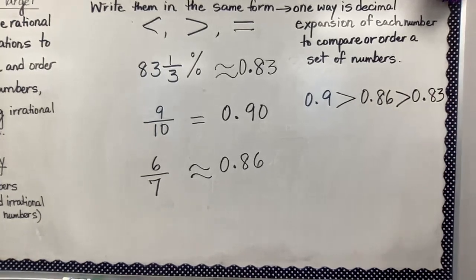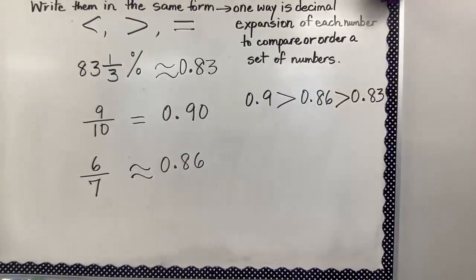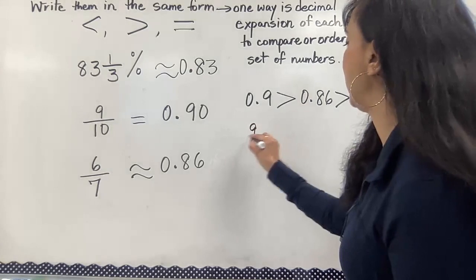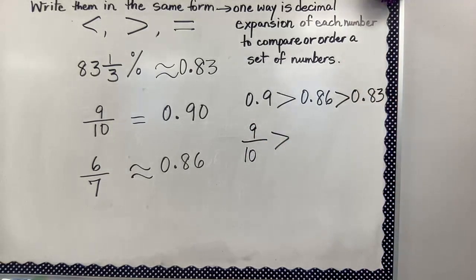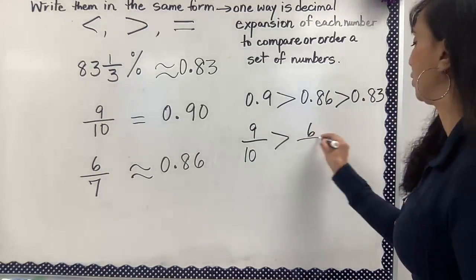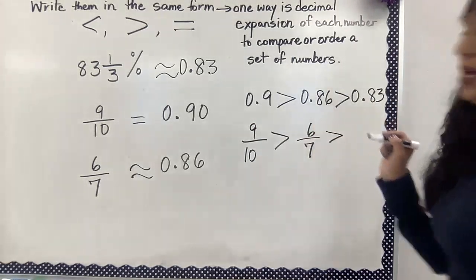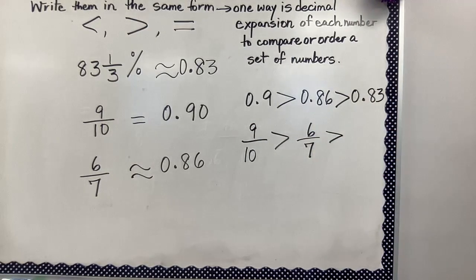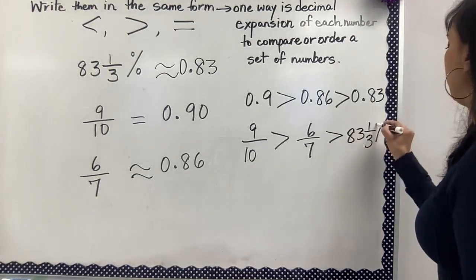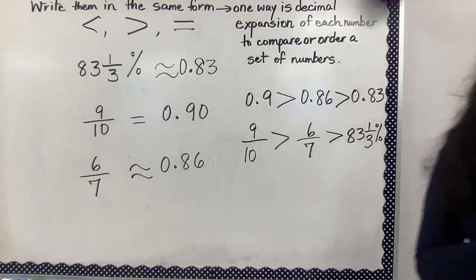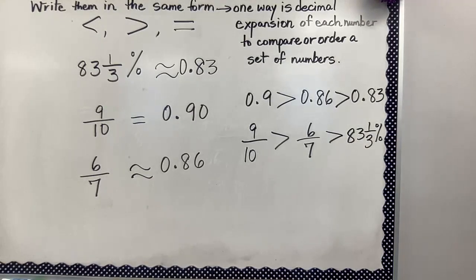Once I have this set up, all I'm doing now is substituting the values. What was 9/10? It is 9/10. What was 0.86? It was 6/7. So we are putting the original formats back. And then 0.83 was 83 and 1/3%. So which one is this?